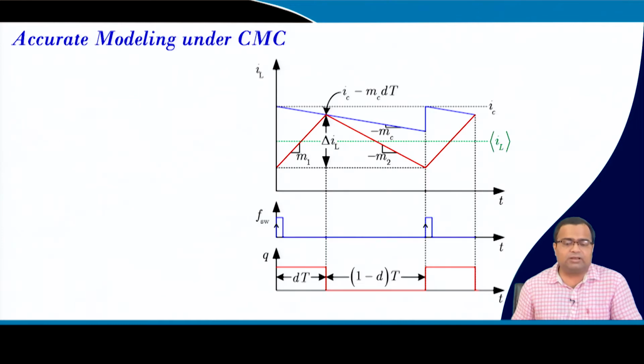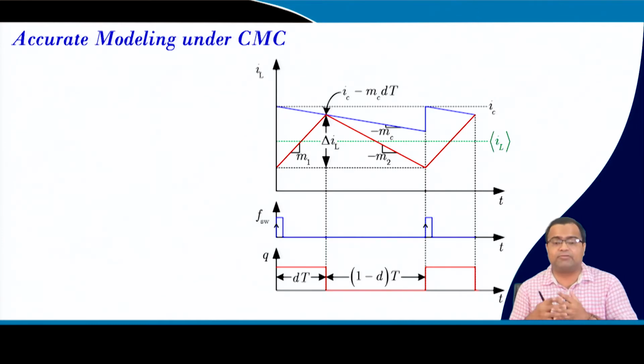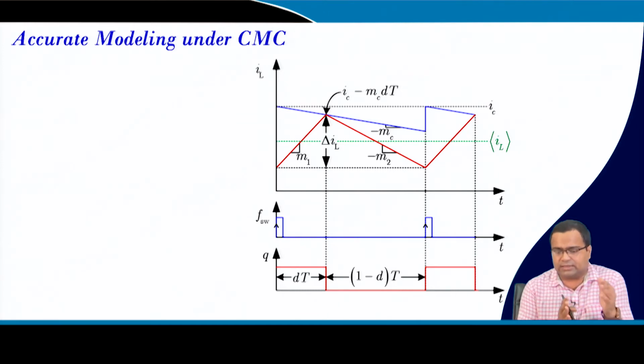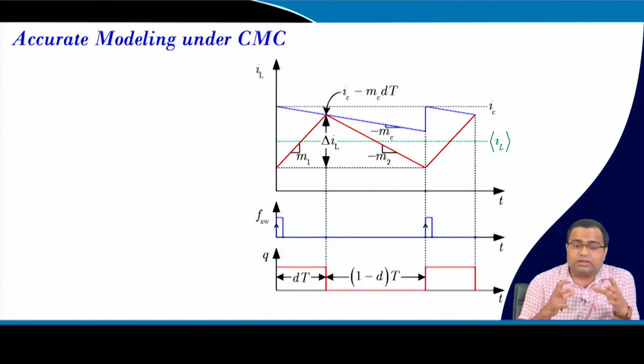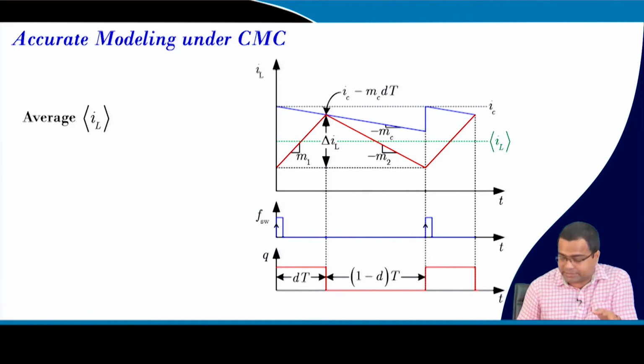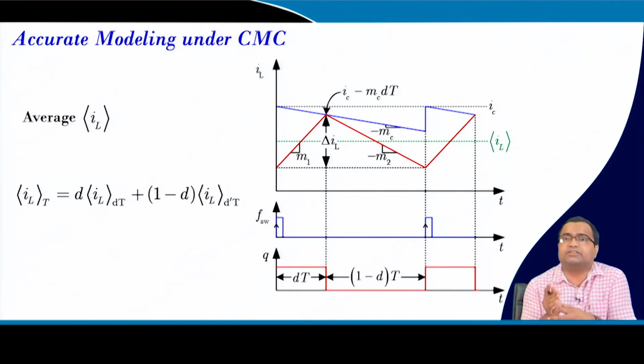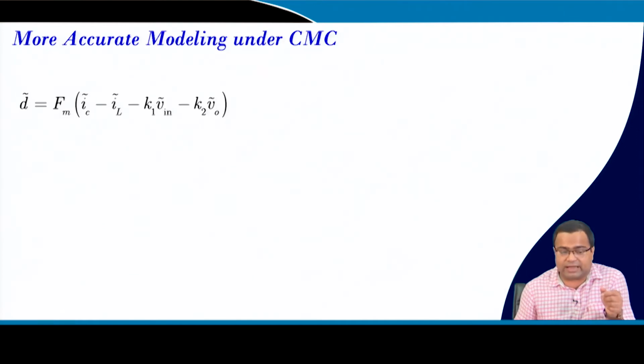So, first we will recollect our accurate modeling under current mode control, because in the first lecture of this week 8, we talked about different accurate modeling techniques under current mode control. One of the techniques that we talked about is incorporating the current ripple information in the average current information, and that we have already derived.